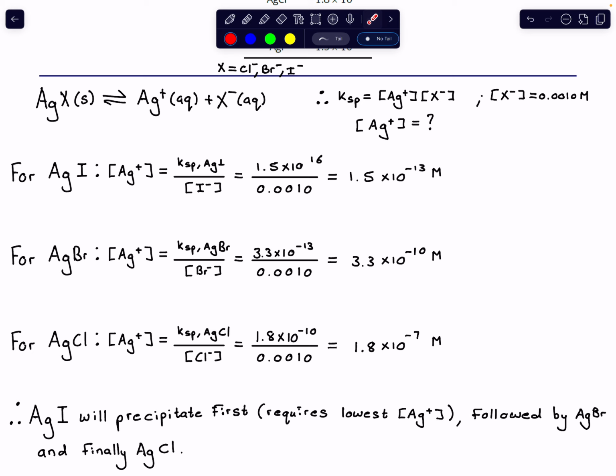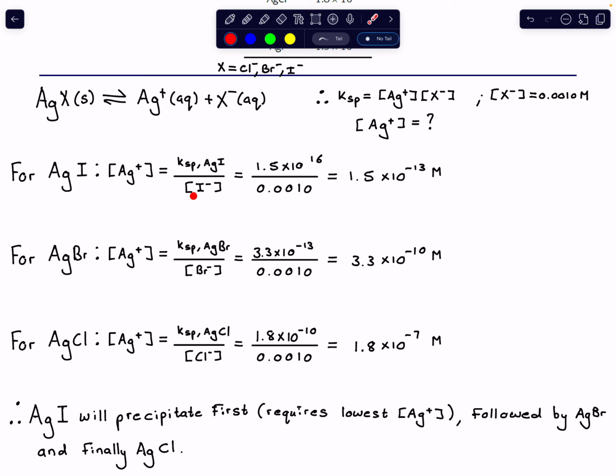So what we go ahead and do is, to precipitate silver iodide, we of course use the KSP of silver iodide, and we divide by the iodide concentration. For silver bromide, we use the KSP of silver bromide. For silver chloride, the KSP of silver chloride.